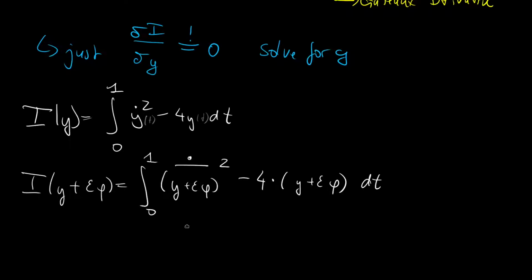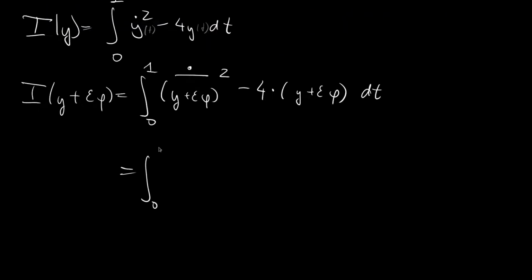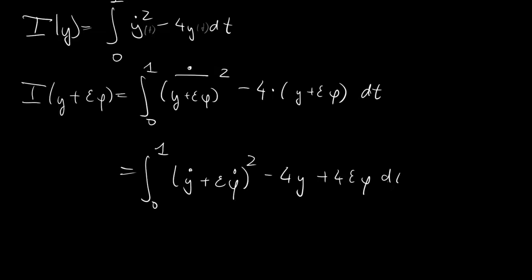Okay, let's take the derivative, and we have a summation, so we get y prime plus, and epsilon does not depend on t, so we just get epsilon phi prime and square it, minus 4 times y plus 4 times epsilon phi dt.